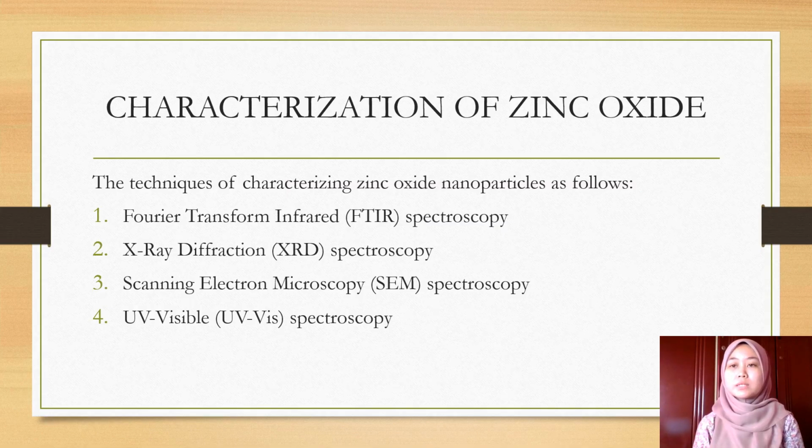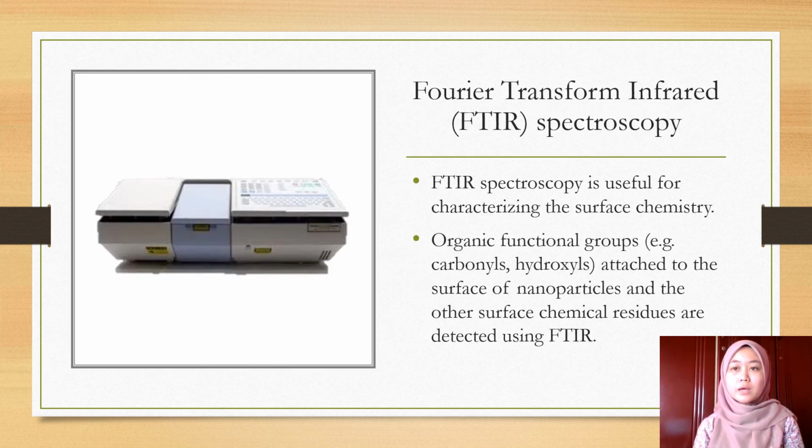The characterization of zinc oxide has many techniques, but for my review paper, I use FTIR, XRD, SEM, and UV spectroscopy. The FTIR was used for characterizing the surface chemistry and the organic functional groups attached to the surface of nanoparticles, and chemical residues were also detected using FTIR.